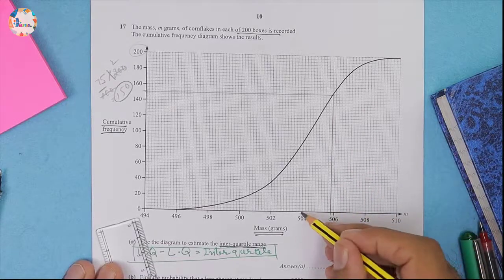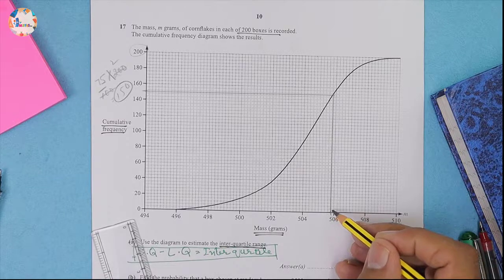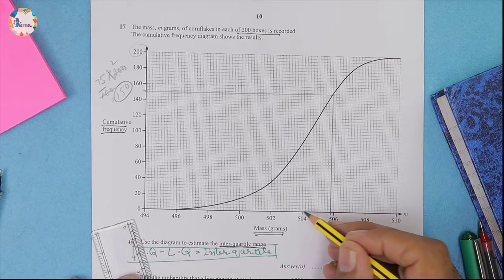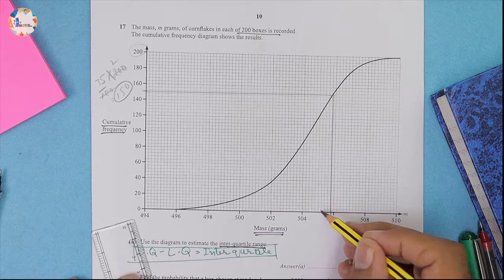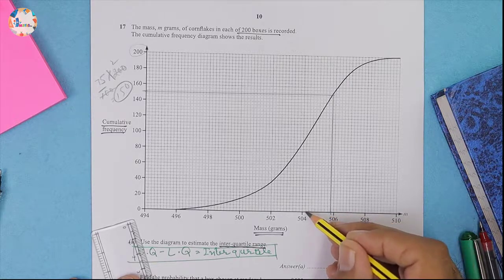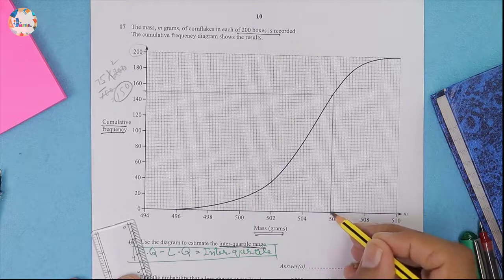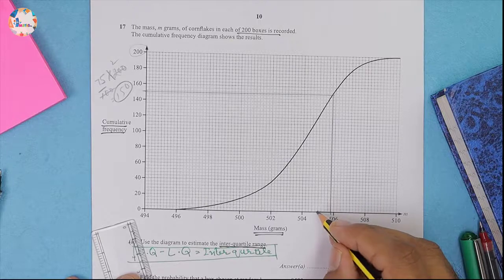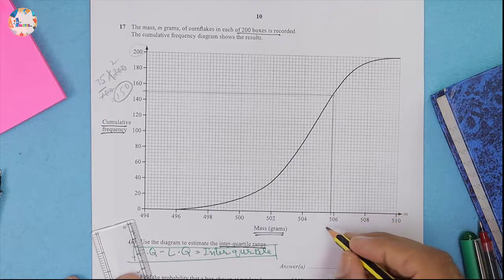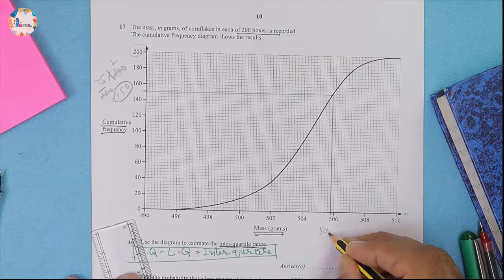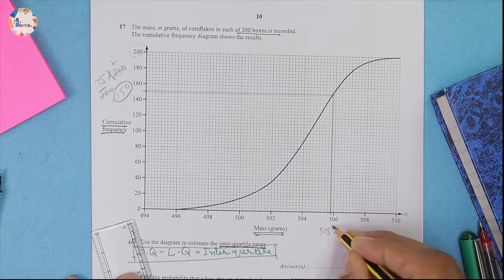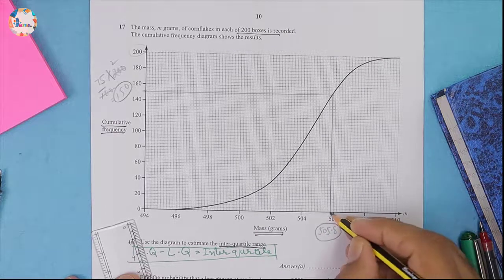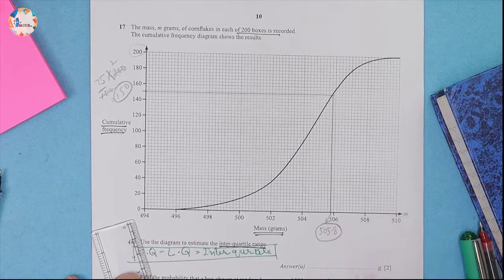This is 504 point, 1 2 3 4 5 6, so we can write 504.8, 505 point, basically 505.8. This will be the reference for this one. Now this is the upper quartile.